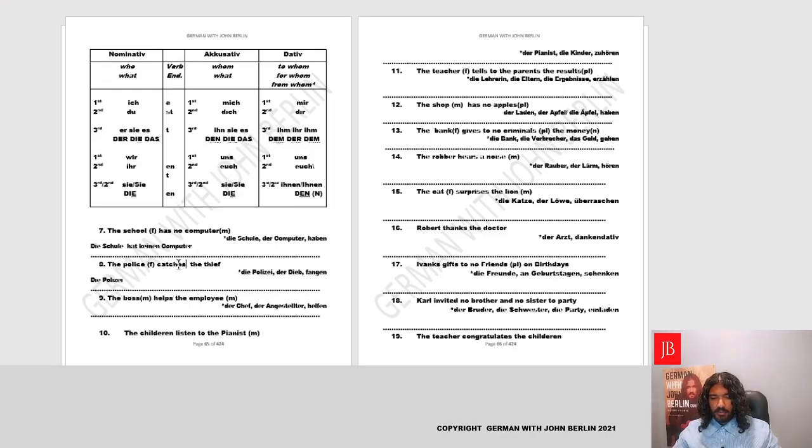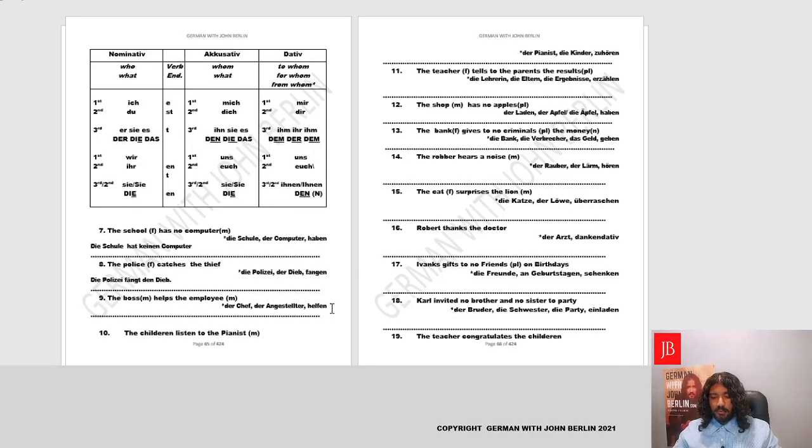Then the verb is to catch, fangen. Now it has an a, and the a changes to an a umlaut. We conjugate for third person, so it becomes fängt. Perfect. Whom does the police catch? It's the thief. Thief is masculine, and it'll be Dieb, so it'll get written as den Dieb.